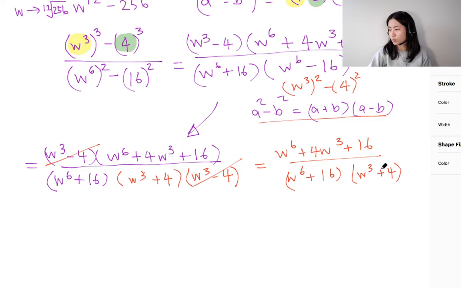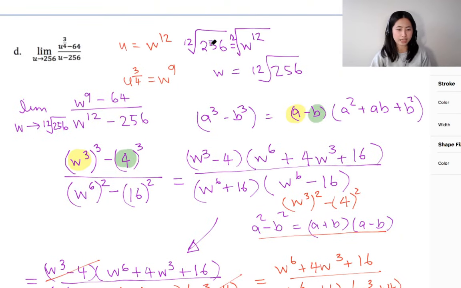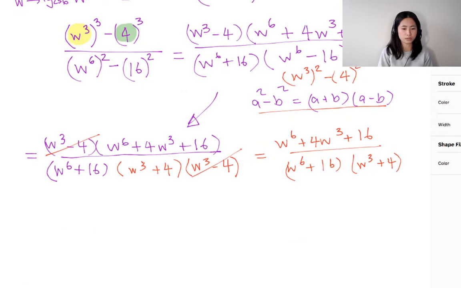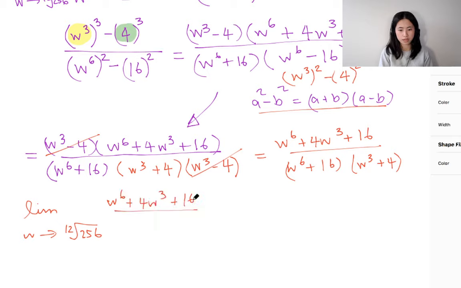Cool. So again, we need to apply this limit because we're supposed to take the limit, and we're still keeping W. So now we have the limit as W approaches the 12th root of 256, and then you have W raised to the power of 6 plus 4W cubed plus 16 over, so I'm just simply copying this over here, W to the 6 plus 16 multiplied to W cubed plus 4.